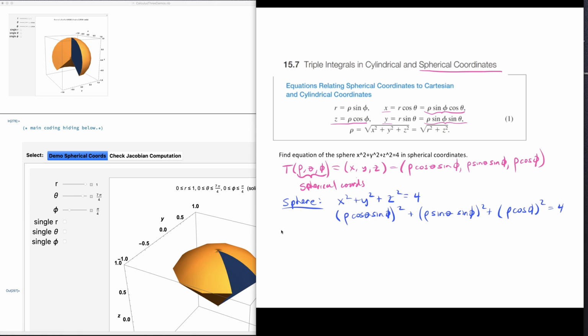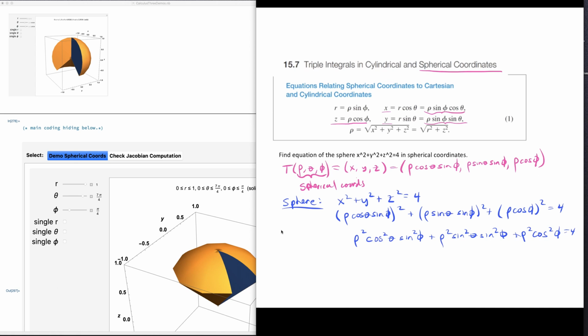you would get rho squared cosine squared of theta sine squared of phi plus rho squared sine squared of theta sine squared of phi, plus rho squared cosine squared of phi is equal to 4.